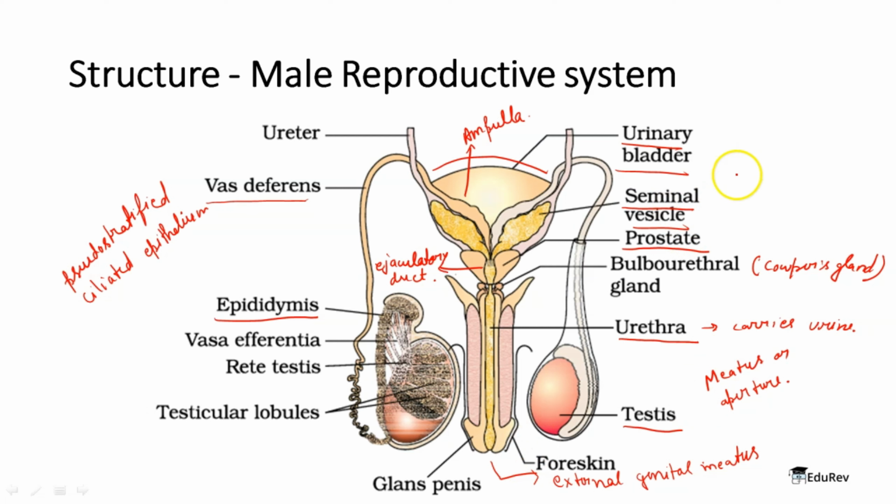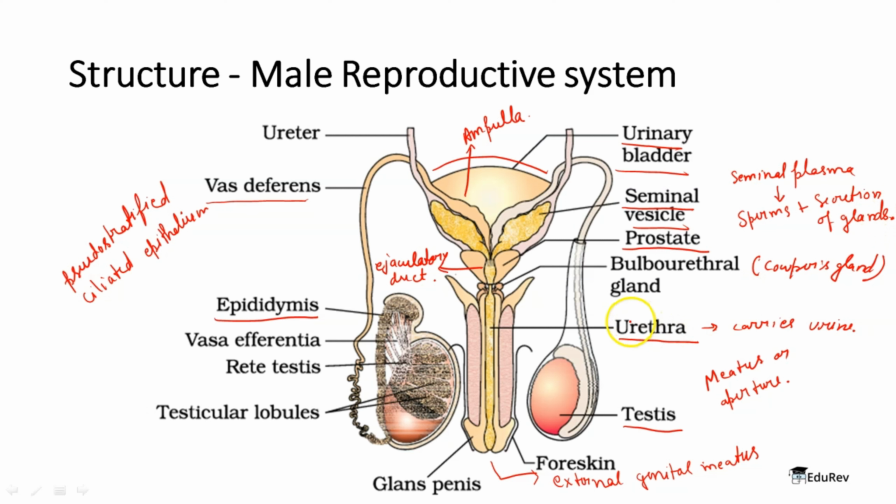So what is seminal plasma? It is sperms plus secretion of glands.